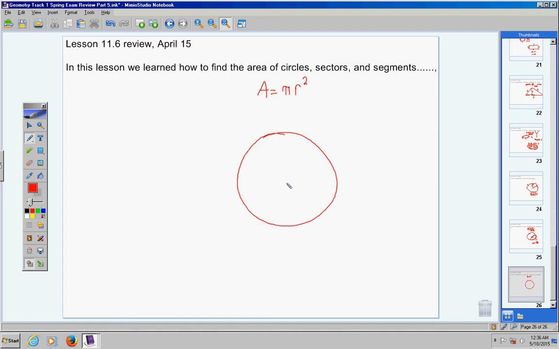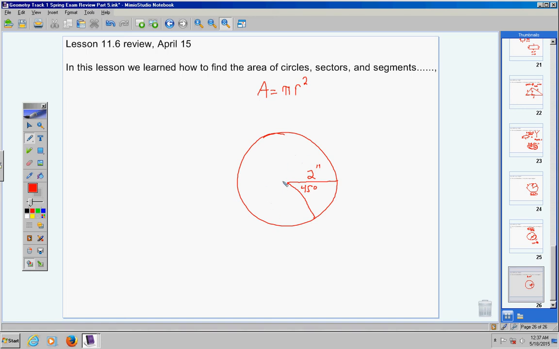Now, here's a circle. Let's say I have a sector here that's, I don't know, 30 degrees. That's not 30. It's more like 45 degrees. And let's say the radius is 2. Alright? Now, we'll say 2 inches. Now, first of all, I want you to find the area of this circle. Okay?